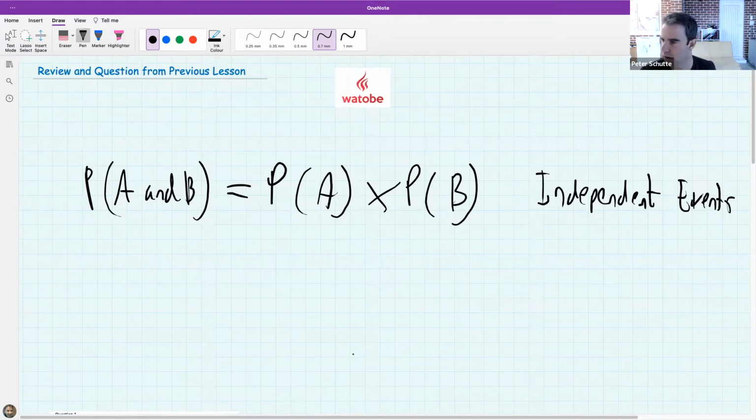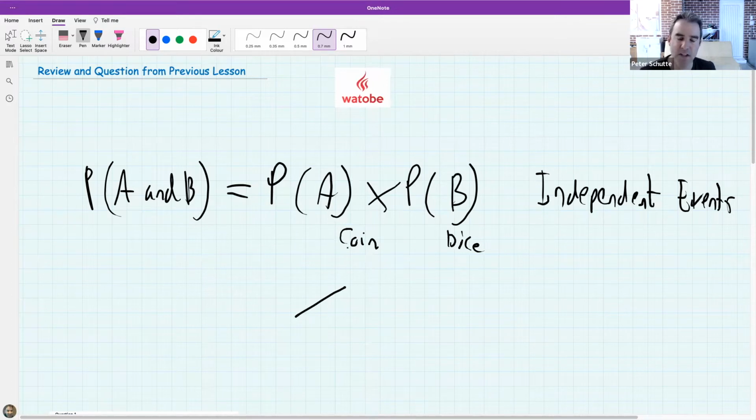Okay, so some people have heard of it, some people haven't. The way this generally works is, for example, if we had a situation like a coin flip, and then rolling a dice. This is called a compound event.